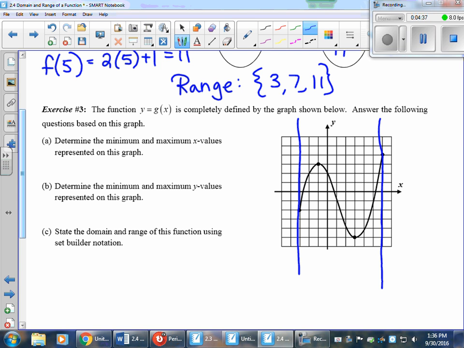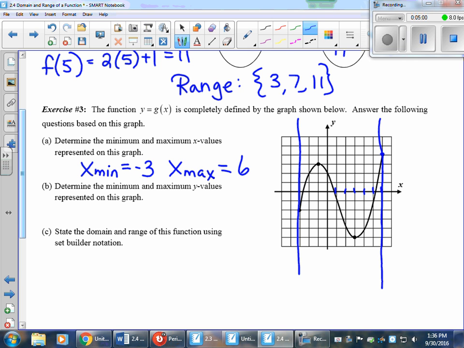So x minimum is equal to negative 3, and x maximum is equal to positive 6. Because if you look here, 1, 2, 3, 4, 5, 6.